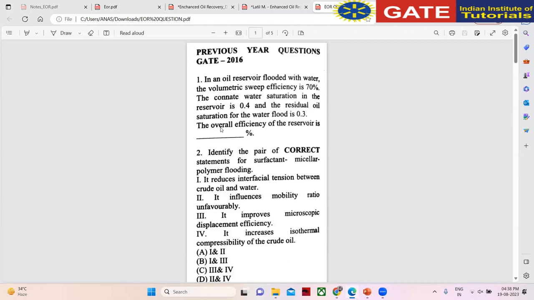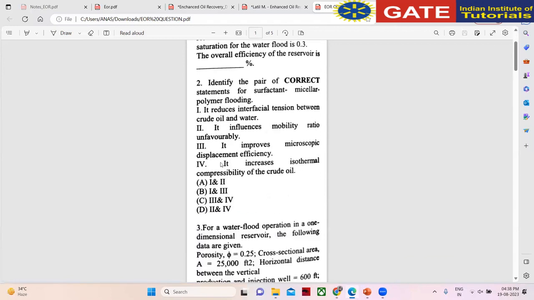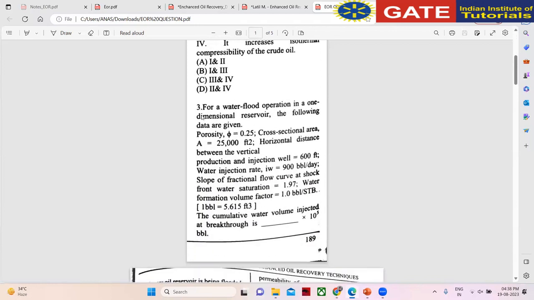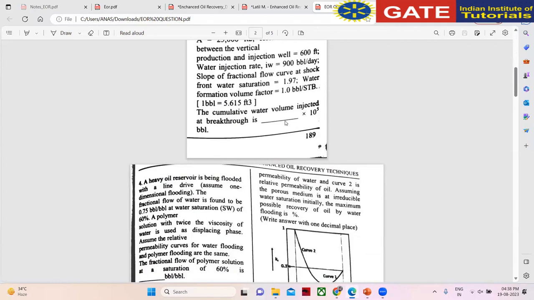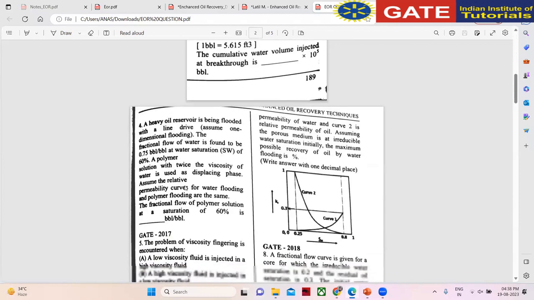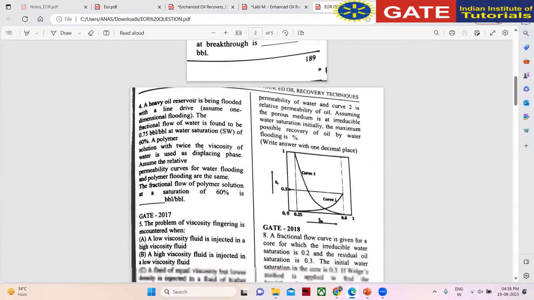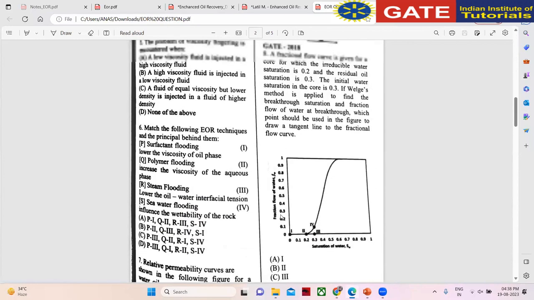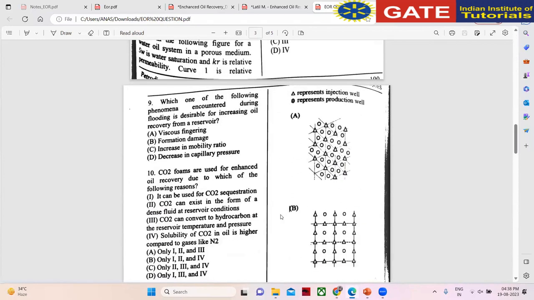Questions number 1 and 2 are basic concepts. This concept will be left, and question number 3 will be discussed in tomorrow's class. You see this fractional flow equation in question number 4; a relative permeability curve will be asked.